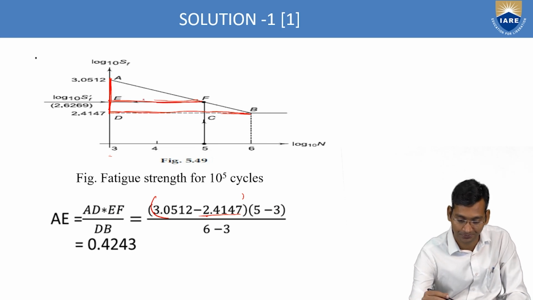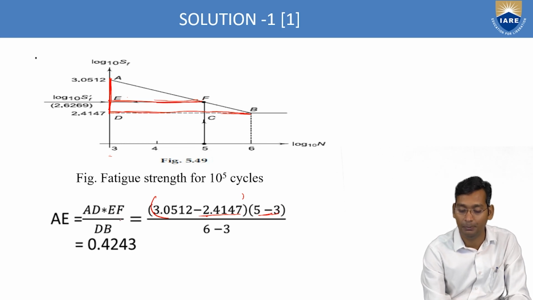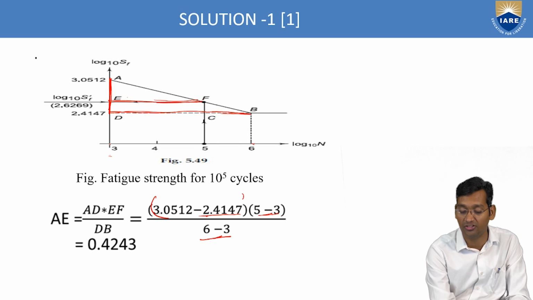So just see here. EF, right? So this minus that 3 value. So 5 minus 3, divided by DB. DB is 6 minus 3, because this is 3. Before that also there is a part; up to 3 we are starting. 3, 4, 5, 6 is there. So don't get confused.